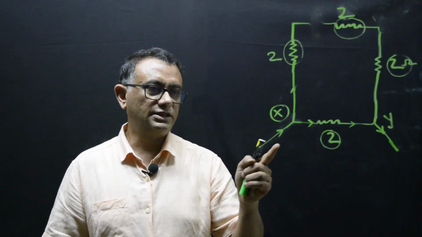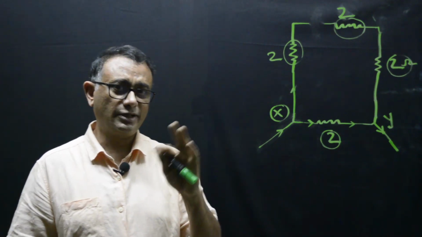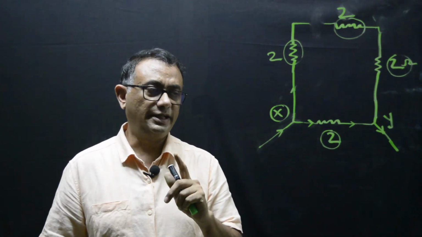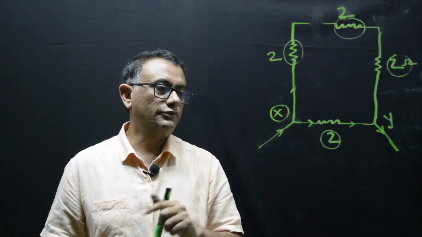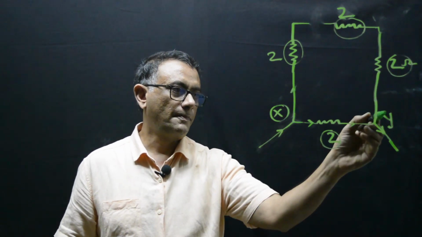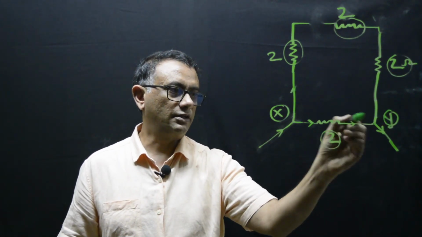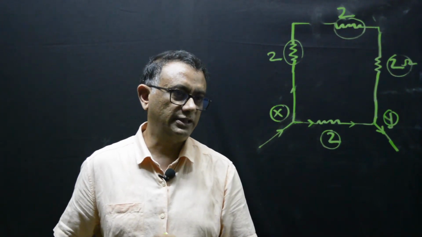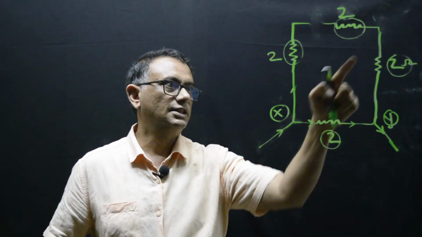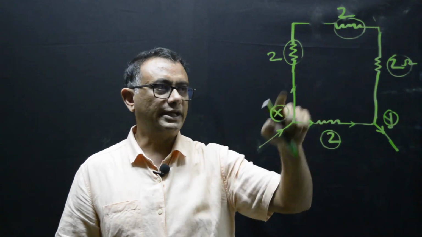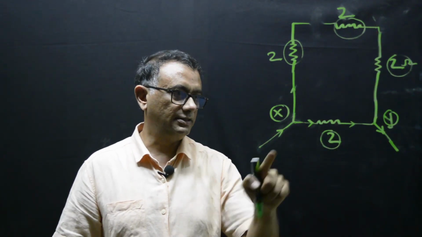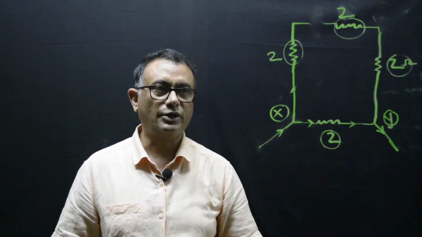So when you look at this numerical, we see that it's similar to the one we have done previously, but a word of caution: just look at the points between which we are supposed to find the effective resistance. It's been changed. The earlier one we took X and Y, now we are taking X and Y here. This is the entry point, this is the exit point.